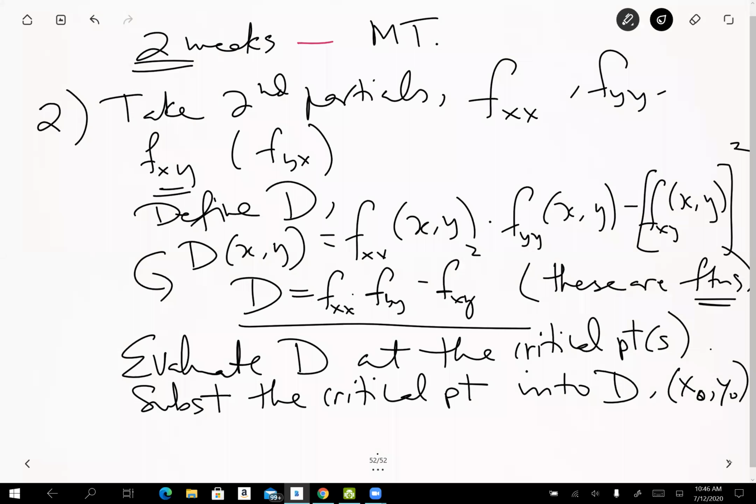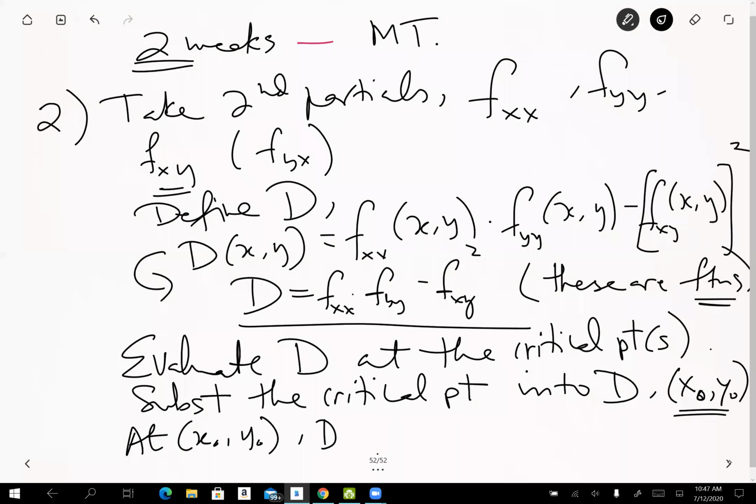Now suppose that point is x0, y0. Maybe you get 1 and 2. So we substitute that value into the D, okay? So now at x0, y0, then you have a specific value of the D.